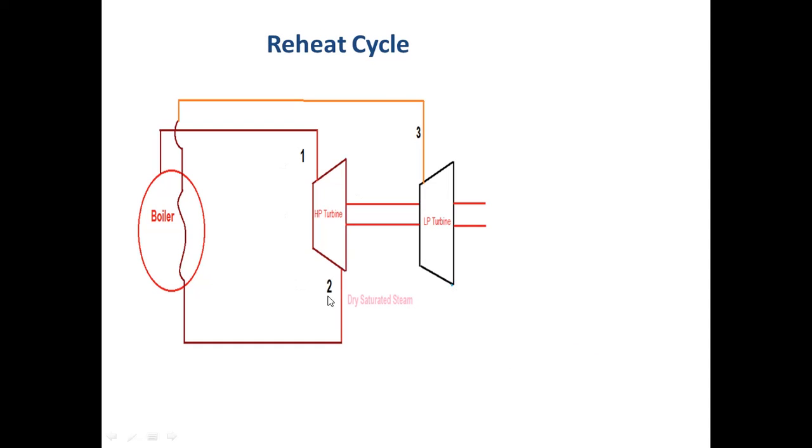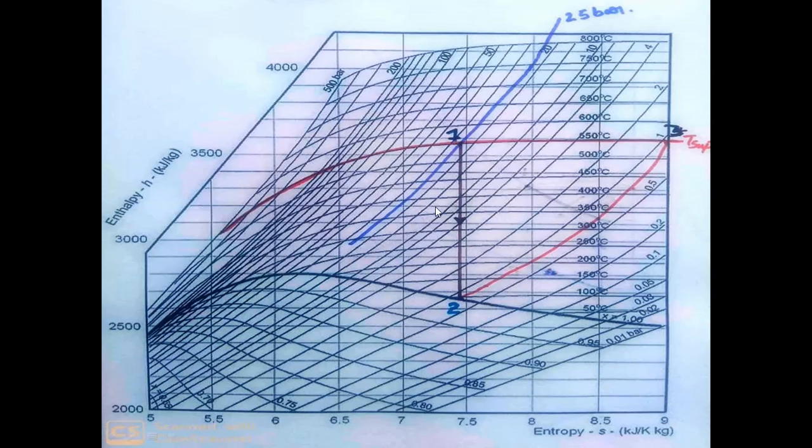Reheat cycle: when it comes out of the first turbine as dry saturated steam, again it will be reheated to the 550 degrees Celsius temperature, but the pressure is different. Whatever pressure you get, note it down on that pressure, which seems to be 0.9 bar, and then reheated to the superheated temperature of 550 degrees Celsius.